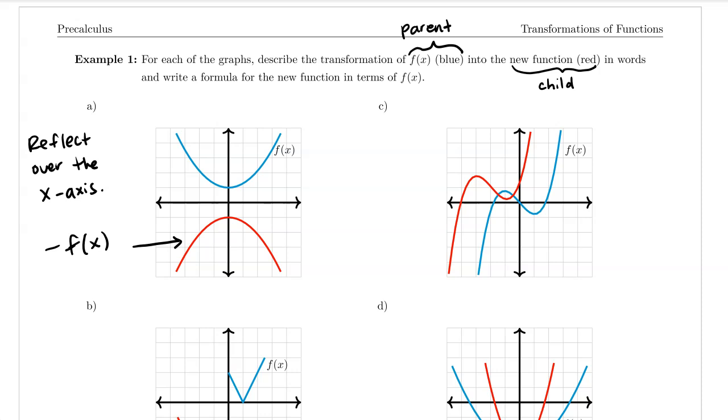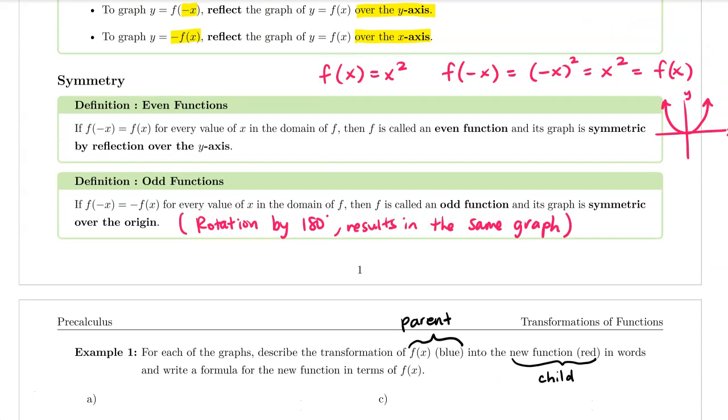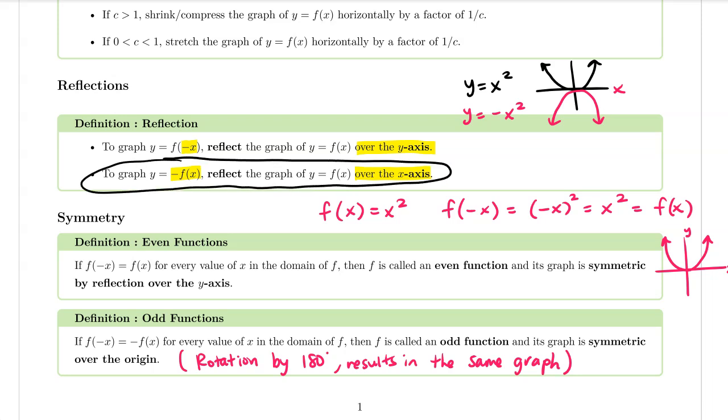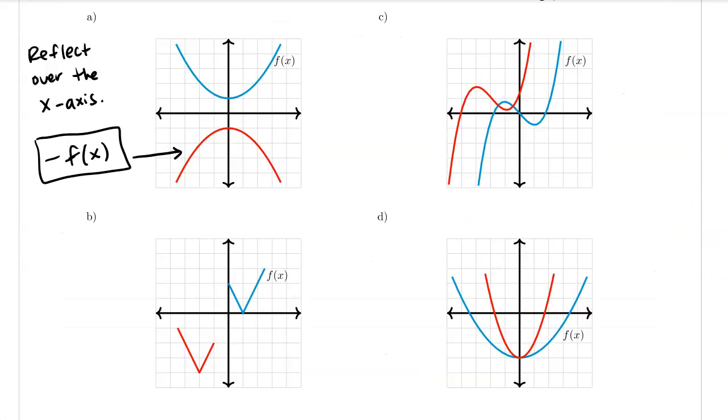And we want the negative on the outside. If you forgot, feel free to go back to the previous page where we see that if we reflect over the x-axis, then we multiply the outside by -1.